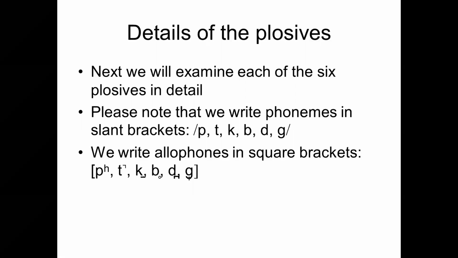Okay, so now we're getting into more detail about how these sounds are produced, more than just the place and the manner. It's a little bit more complicated to talk about how these consonants are produced. And we're going to focus on the six phonemic plosive consonants of English.